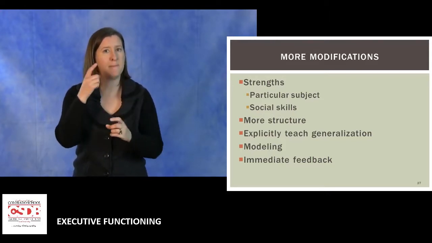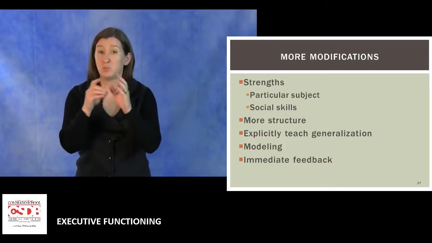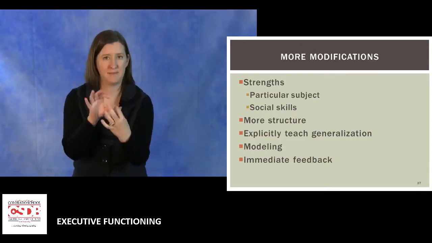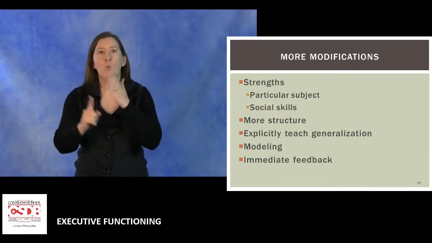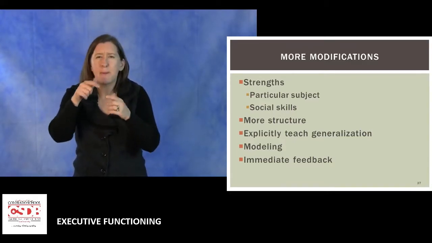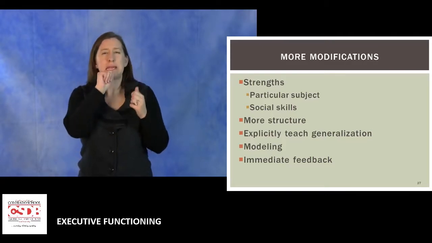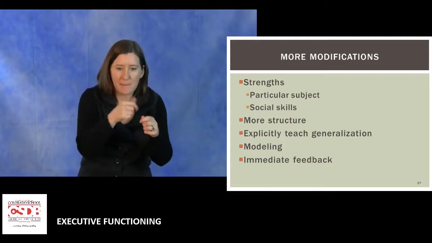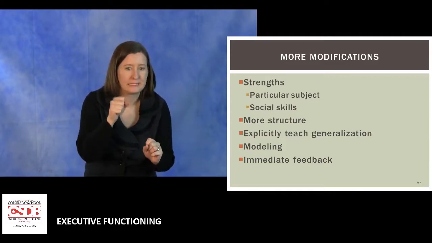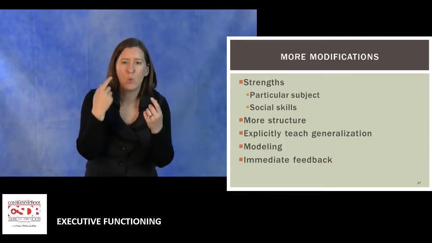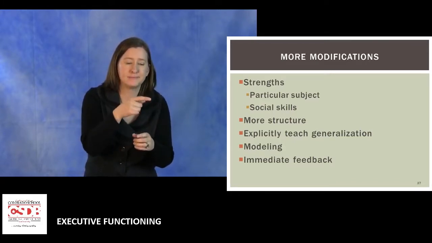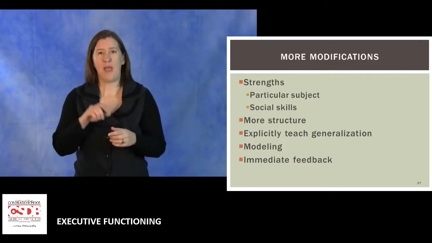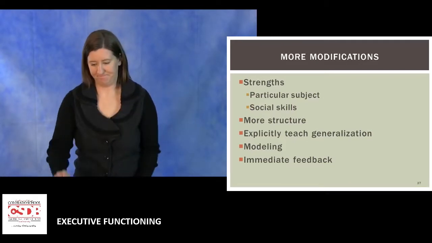You may have to model more, demonstrate more as well. Try to give them immediate feedback and not wait until an hour later, because then they won't be able to remember what happened. You have to right away say, remember, try not to hit other students, touch nicely instead. So it has to be in that moment.